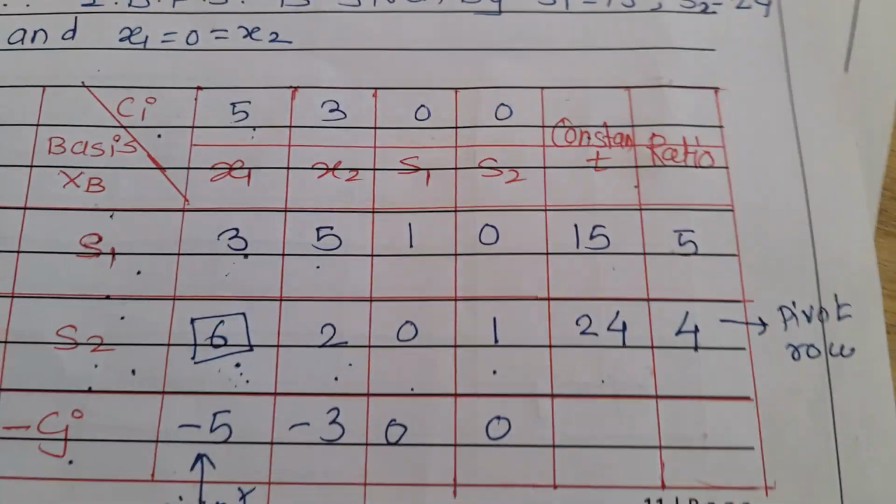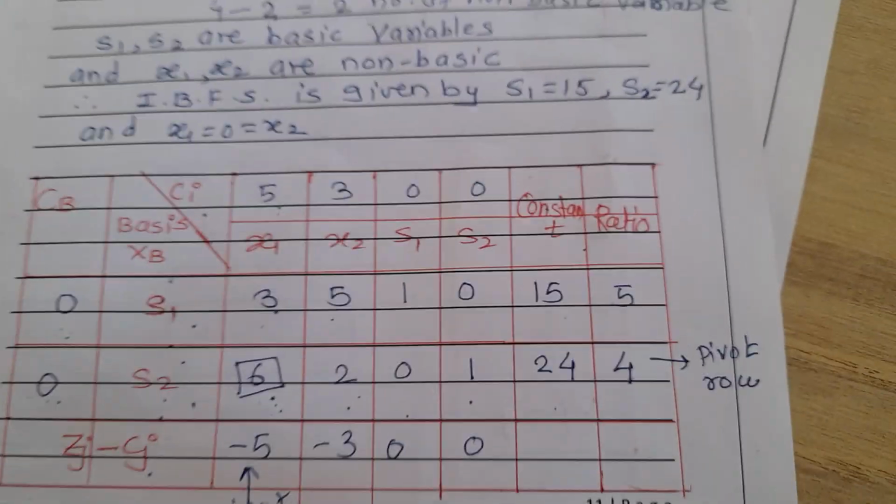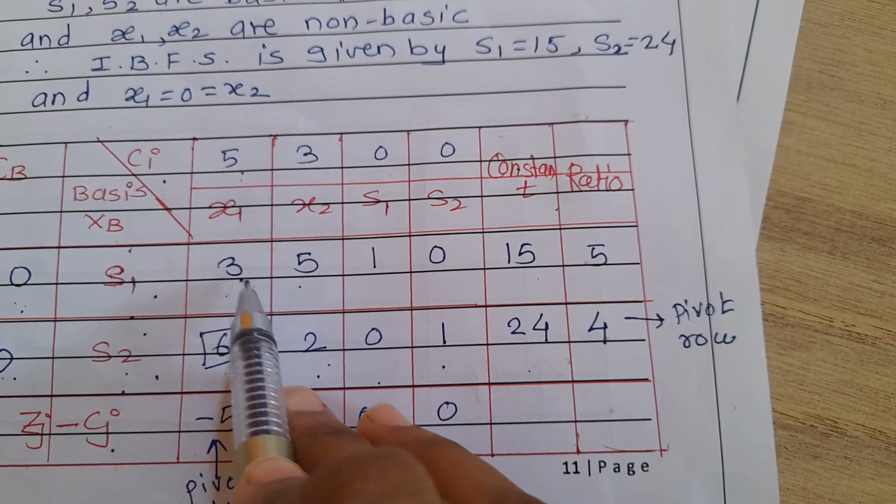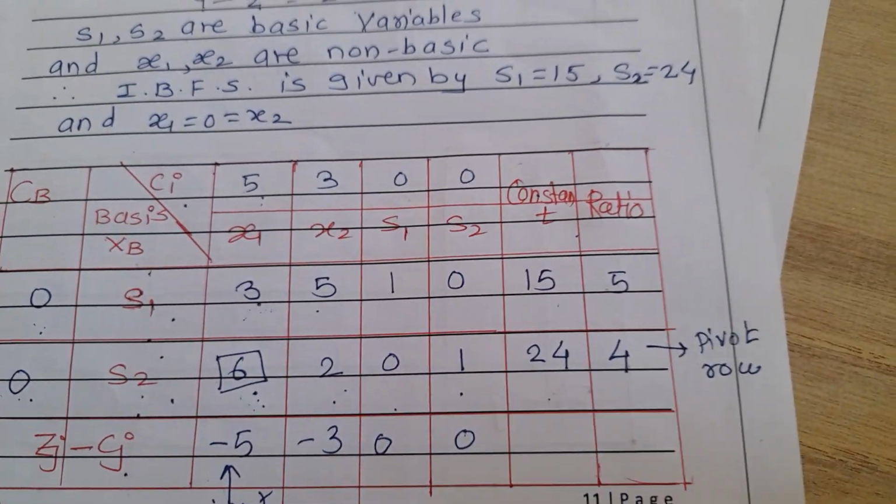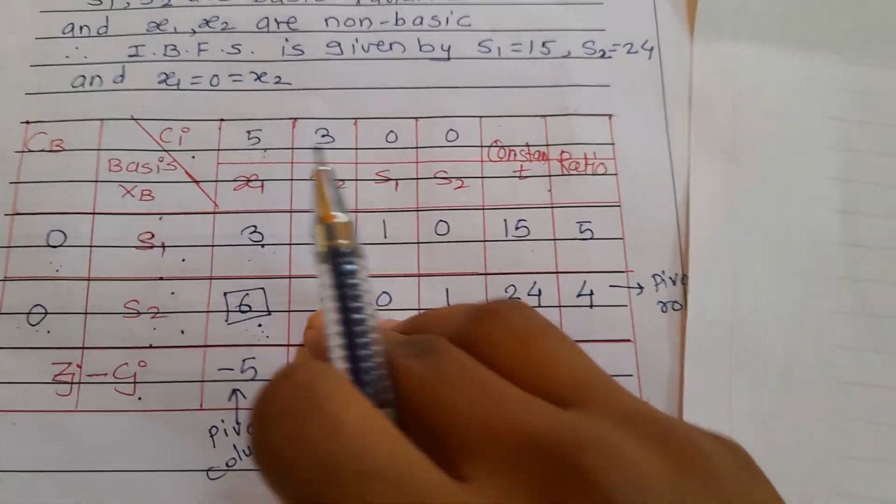Now the first row changes. How does it change? We make this 3 a 0. Now we take a rough page and write the operations.